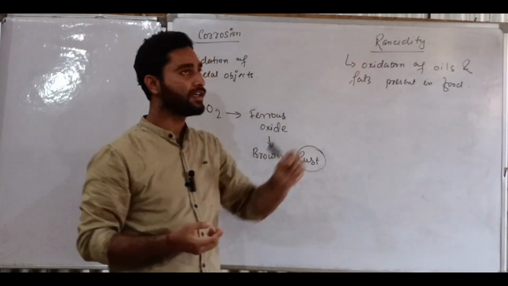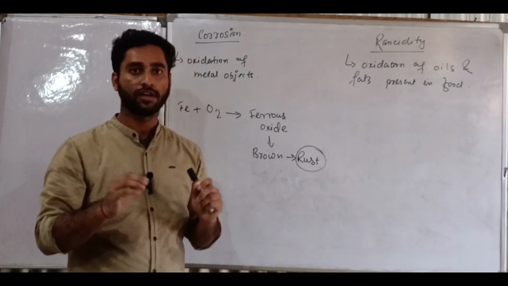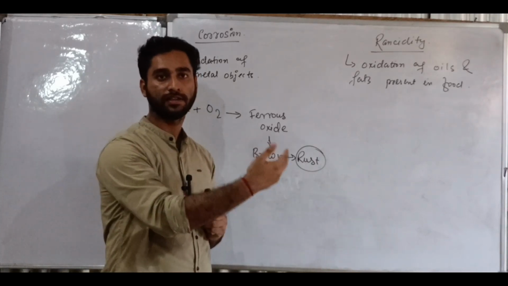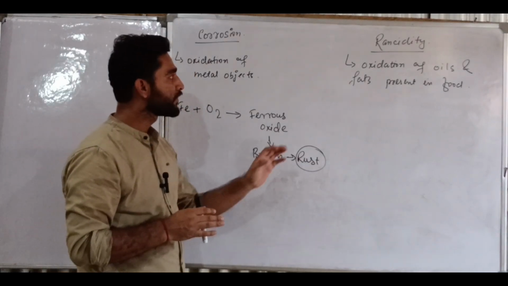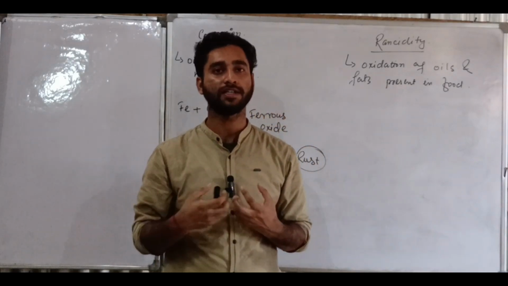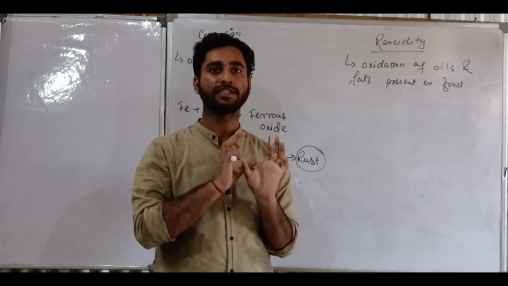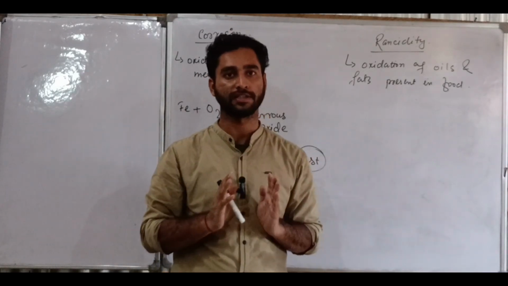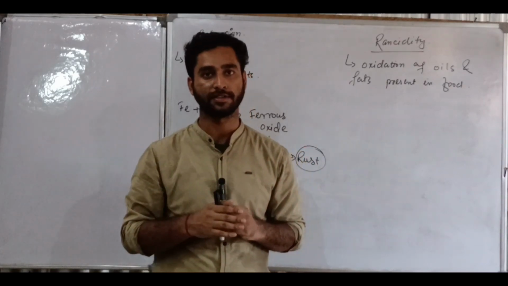Whereas rancidity means the oxidation of oils and fats present in food items, resulting in a change of their smell and taste. That is why chip manufacturers flush the packet of chips with one gas. They keep the food items in nitrogen gas, as nitrogen is an inert gas and being non-reactive.